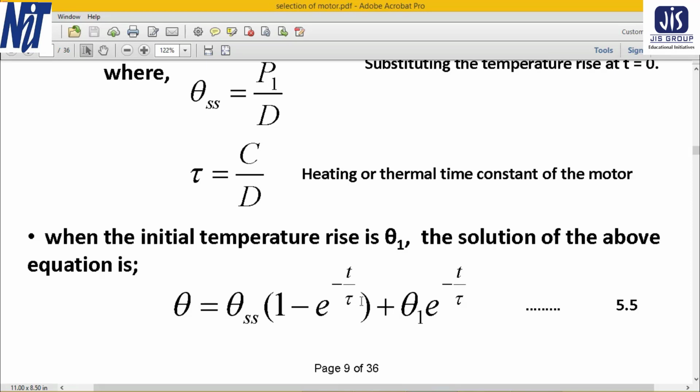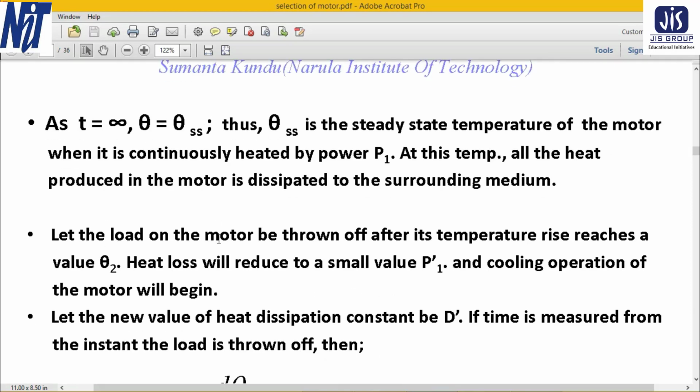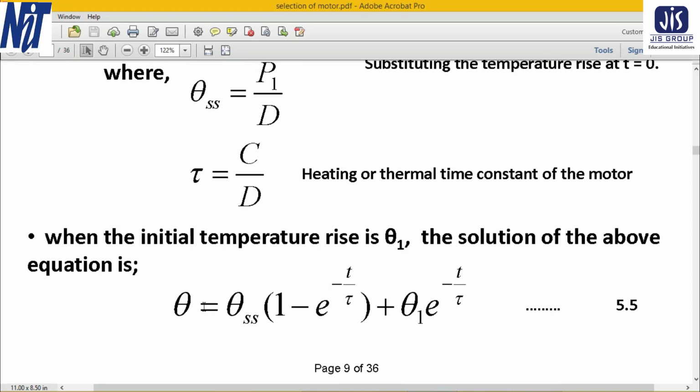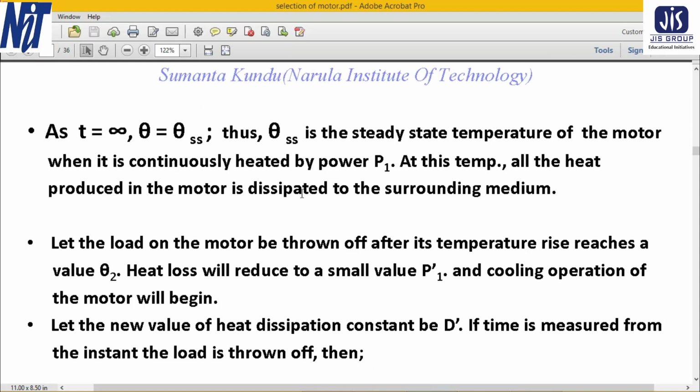Now if we put t = infinity, θ will become θs, because this part becomes 0. This θs is the steady state temperature of the motor when it is continuously heated by a power P1. At this temperature, all the heat produced in the motor is dissipated to the surrounding medium.